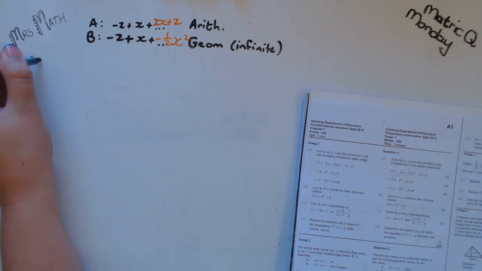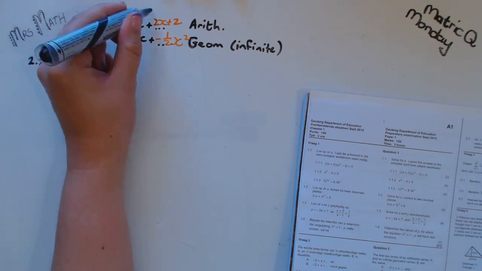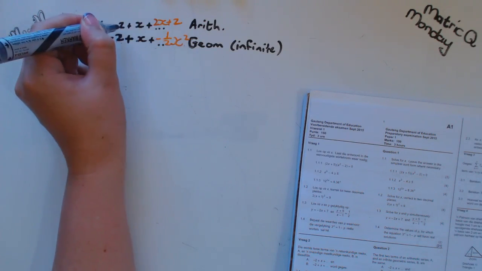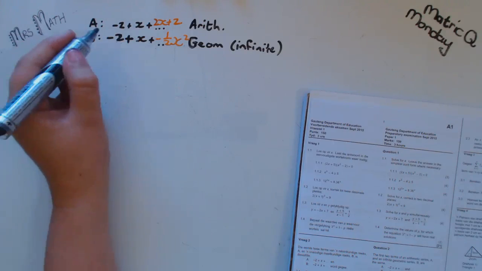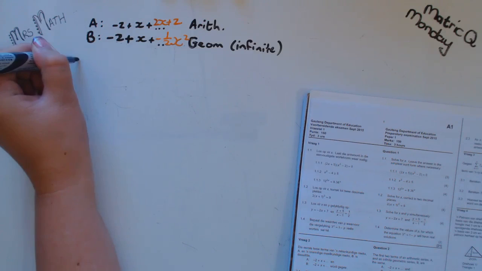Okay, so question 2.2 now says, if the sum of the first three terms in the arithmetic series A, the sum of the first three terms, which is basically what's standing here, so it's exactly that.